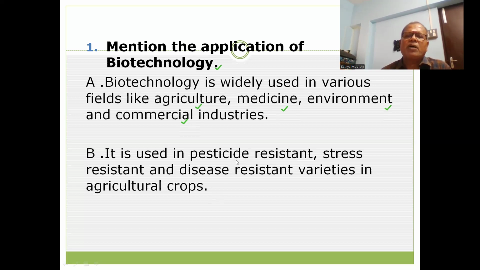And it is used in pesticide-resistant, stress-resistant, and disease-resistant varieties in agricultural crops. That means biotechnology helps to produce genetically modified organisms, pest-resistant, stress-resistant, and disease-resistant plant varieties in agriculture. It helps to increase the yield to the farmers.